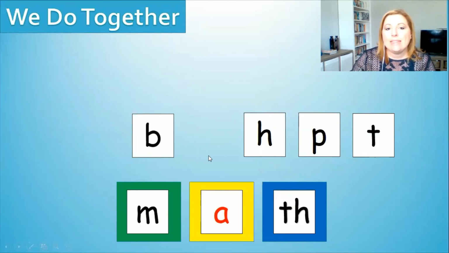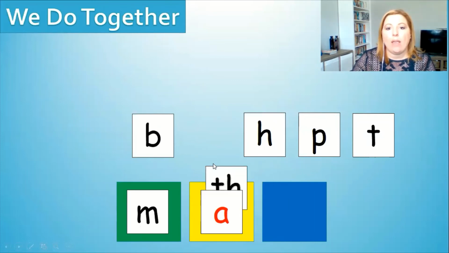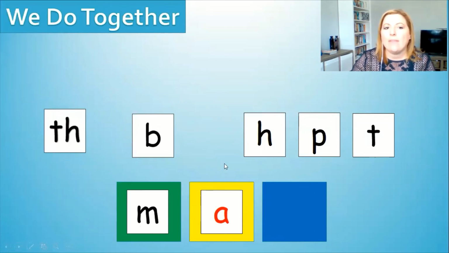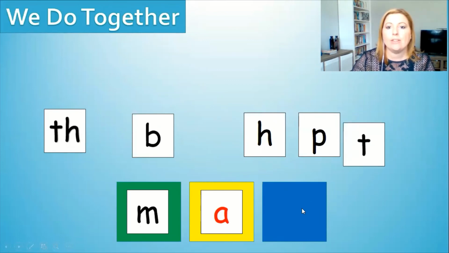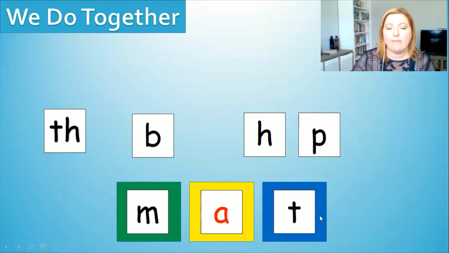Let's go ahead and take the M away, or I'm sorry, let's take the digraph TH away. And let's put the letter T at the end instead of the digraph. So let's point and say the sounds for this word. The first one is... Oh, I said that wrong, didn't I?